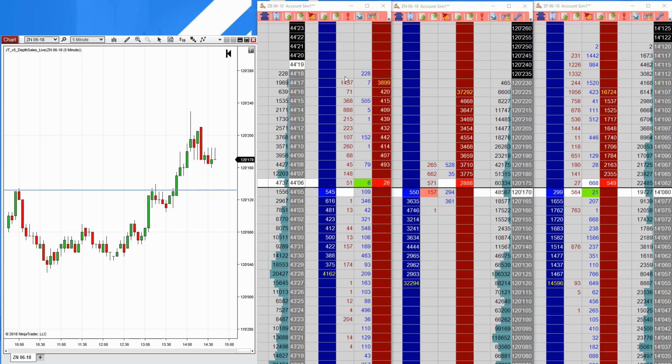What you see here are U.S. Treasury bonds. The ZB is the 30-year U.S. Treasury bond. The ZN is the 10-year U.S. Treasury bond. And you have the ZF, which is the 5-year U.S. Treasury bond.